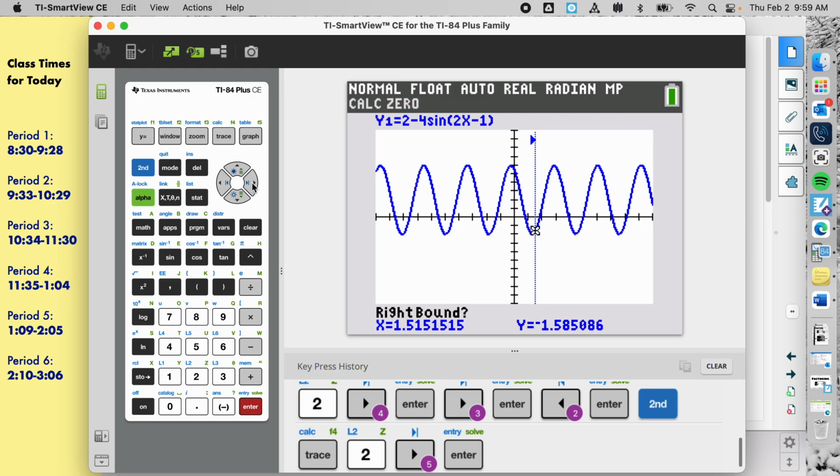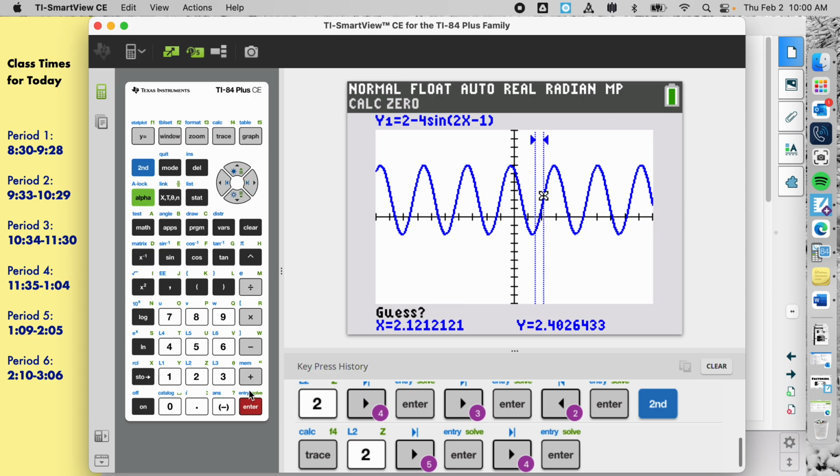If you have an Nspire, which I think some people here do, you should just be able to use the trace feature and it will pause at zeros for you automatically. So you don't have to do this step. The Casio may or may not. I don't know if it does that. You have to find zeros separately, I think, too, correct? Yeah, we actually just have to trace.